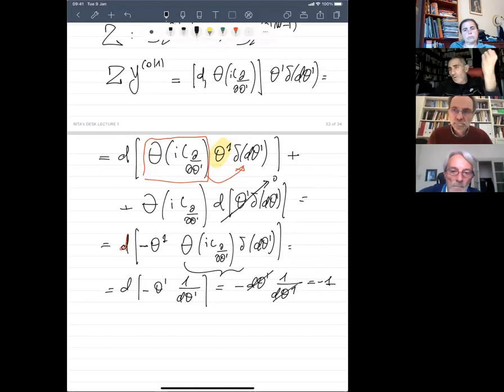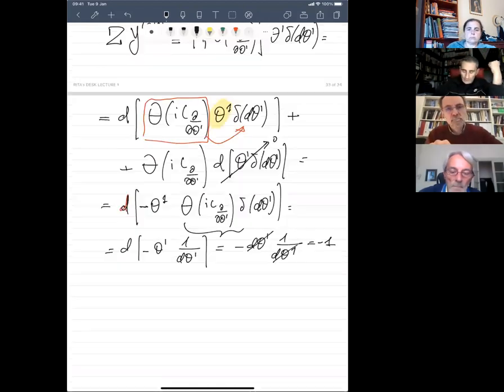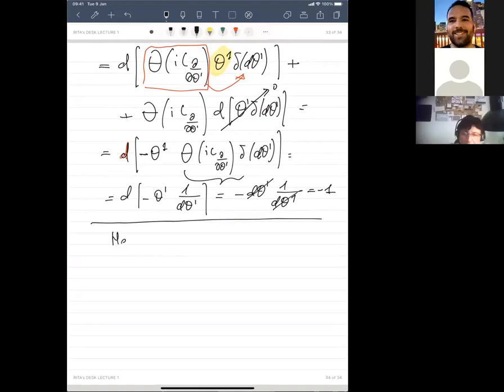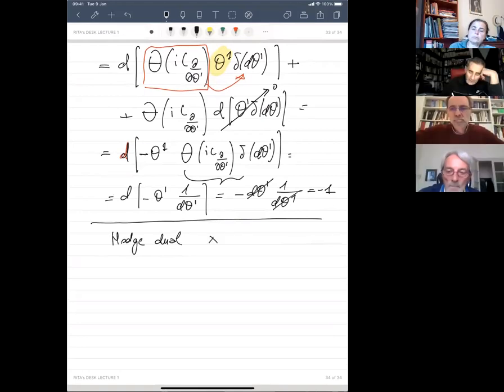The last thing I want to tell you is that there is one additional operation that you can do. Of course, there are other differential operators, but there is one additional operation, which is the Hodge dual operator, star. The Hodge dual operator maps pseudoforms into Hodge duals of them.